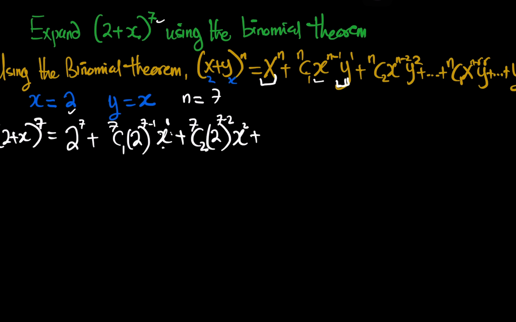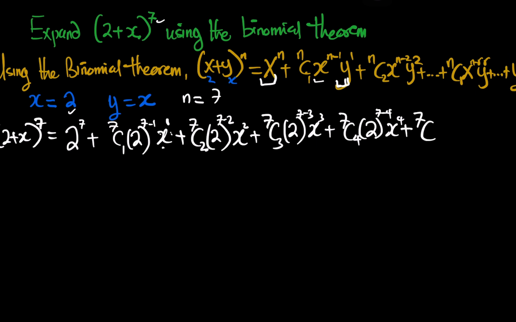We continue by having 7 combination 3 multiplied by 2 to the power 7 minus 3, x to the power 3, plus 7 combination 4, 2 to the power 7 minus 4, x to the power 4, plus 7 combination 5, 2 to the power 7 minus 5, x to the power of 5.